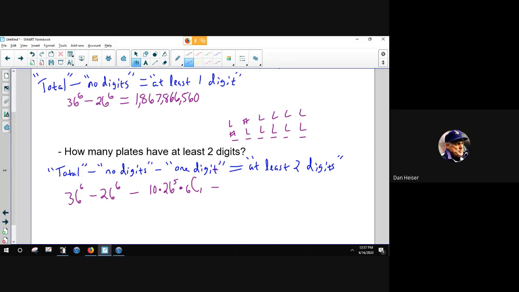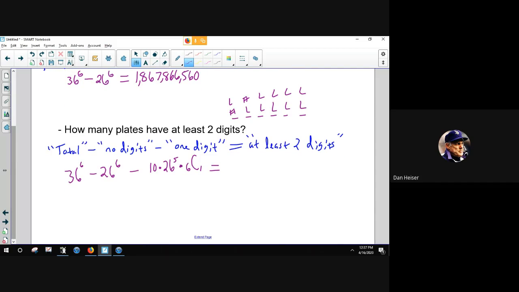We're still going to get a pretty large number. So we've gone from 1.8 billion down to about 1.1 billion by removing all the one digits.